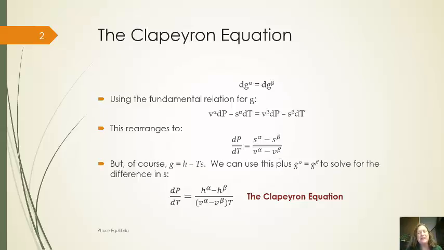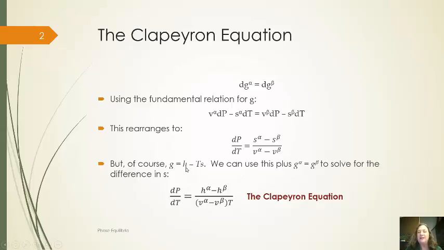Now, whenever I see S or entropy, I always think, I really don't want to deal with that. Not a problem. I've got relationships. Our favorite this week is Gibbs energy. So, if I use G equals H minus TS, the definition of Gibbs energy, then I can solve this for S, and then use the fact that G alpha and G beta are equal to each other.